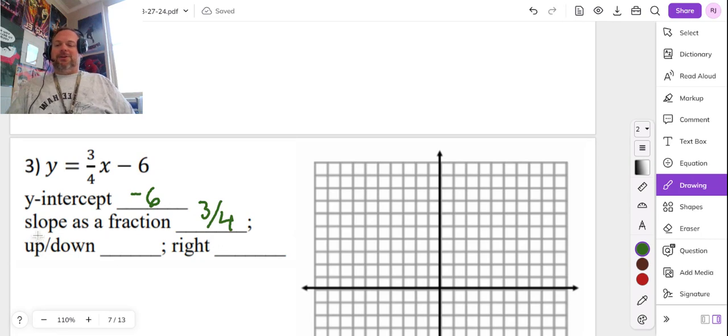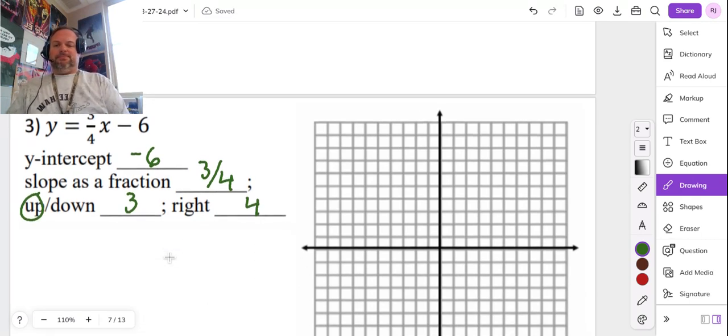That means I'm going to go up 3, right 4. So 1, 2, 3, 4, 5, 6. Then 1, 2, 3, and 1, 2, 3, 4.